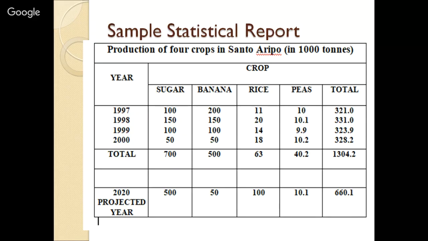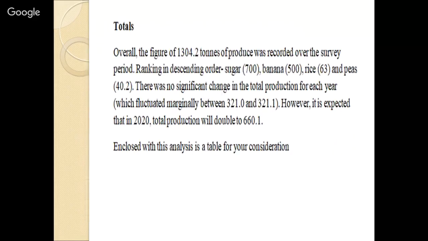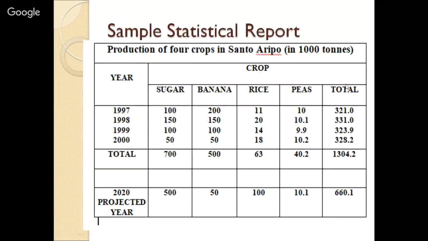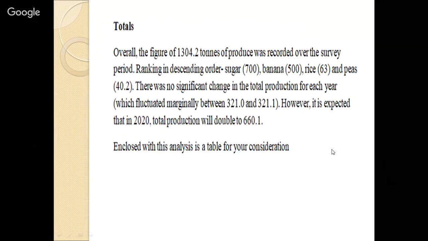All right, so total. Now let us look at totals, and the reason why they put totals is because they're looking at here and they're looking at here. All right, but if you put total, no problem, but that's the reason why there's a totals mentioned.